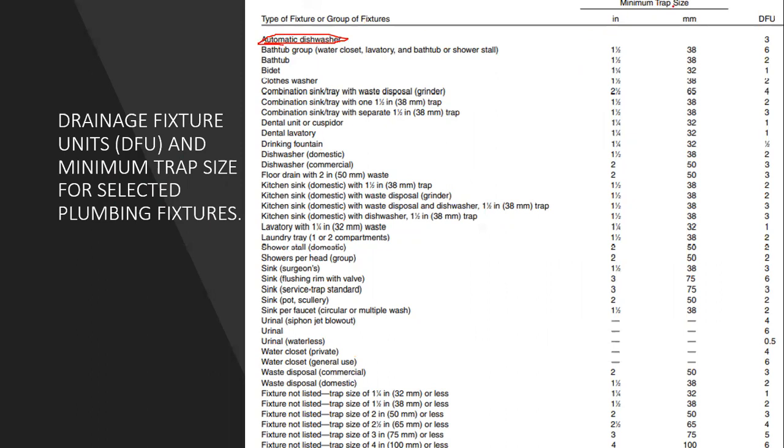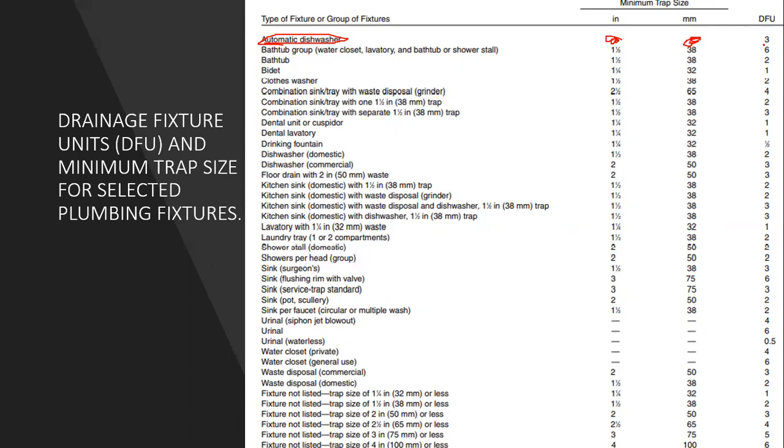Kumbaga yung trap niya size kung inches is 1 and 1/2. Kung sa millimeters is 38. Ang drainage fixtures units niya, teka lang, sorry. Ang automatic dishwasher dahil guys, wala na siya kay naka-auto man, ibig sabihin, wala siya minimum trap size inches o minimum trap size millimeter.